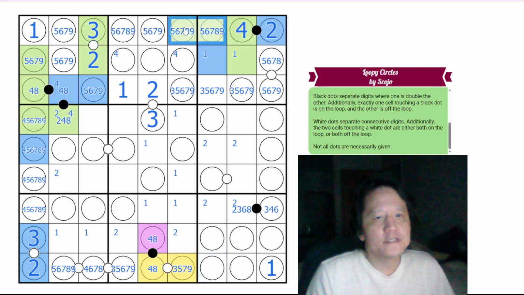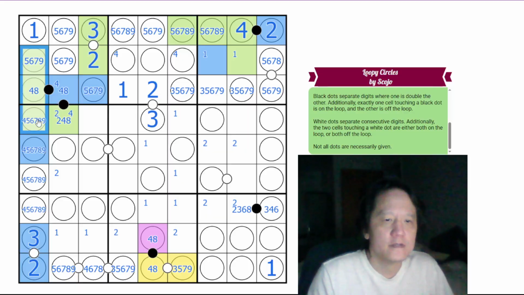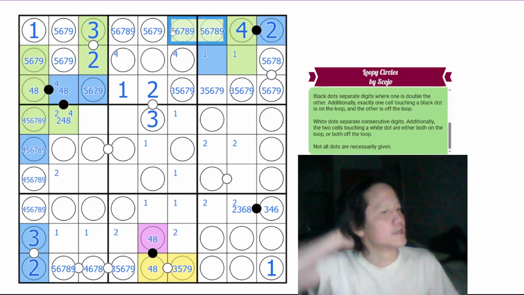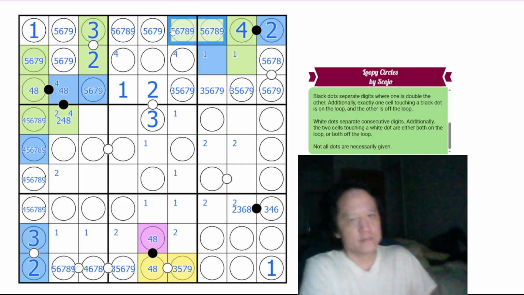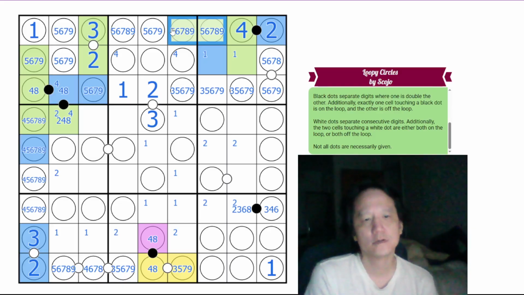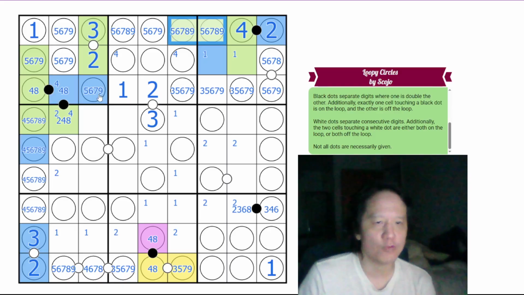We are guaranteed 2 of 5, 6, 7, 8, and 9 are at least on the loop. We don't know how many we have on the loop. We know we have 1 off the loop.